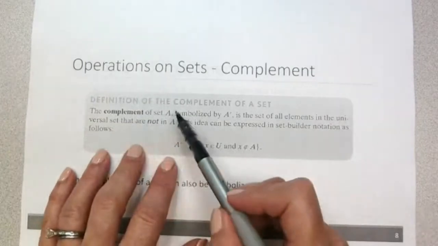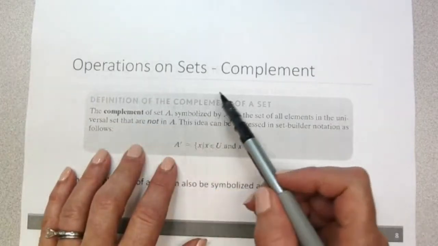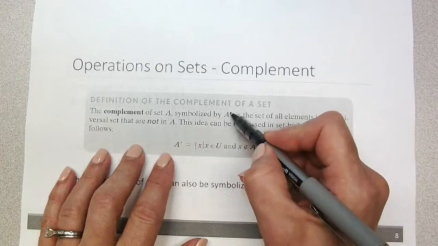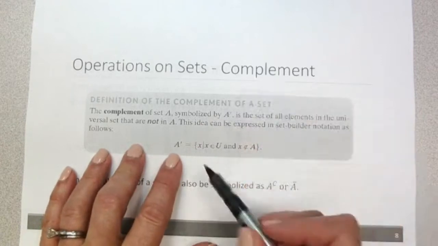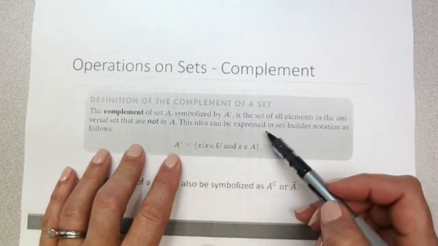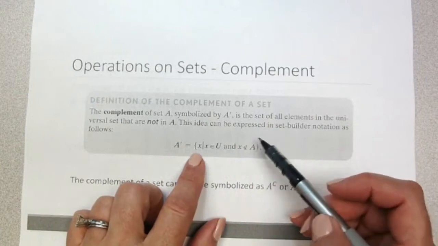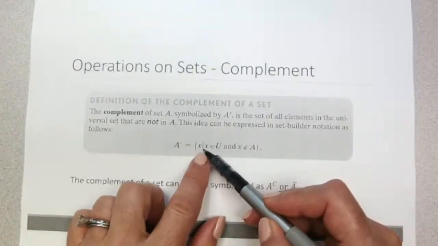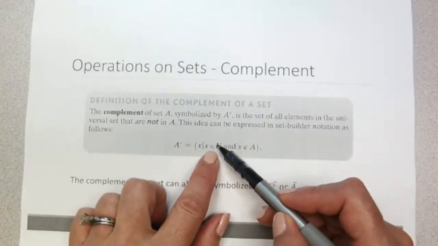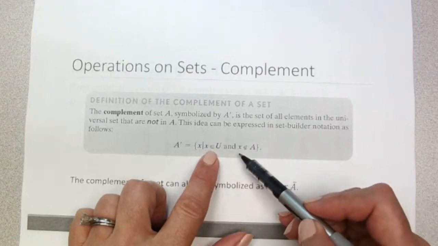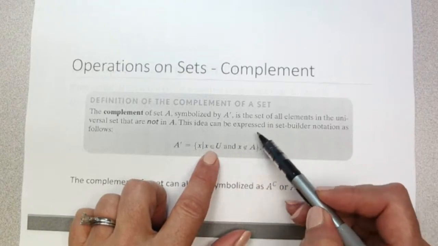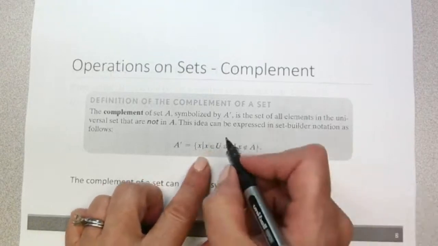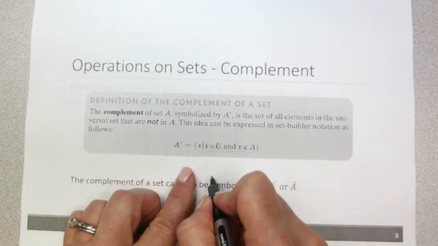So if we have a set A, the complement of set A, symbolized by a little apostrophe next to the name of the set, would be all x such that x is an element of the universal set and x is not an element of set A. There are two new symbols that we're looking at here.